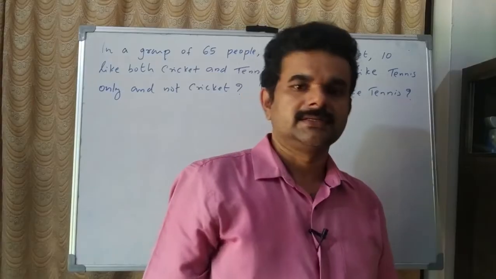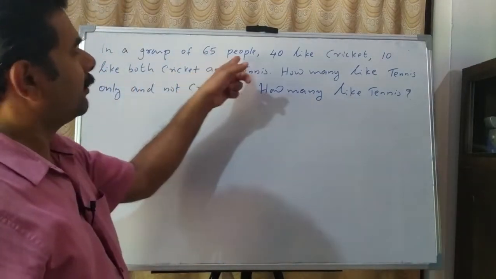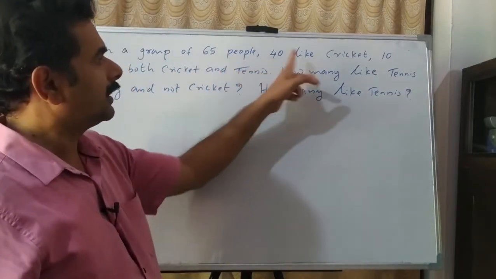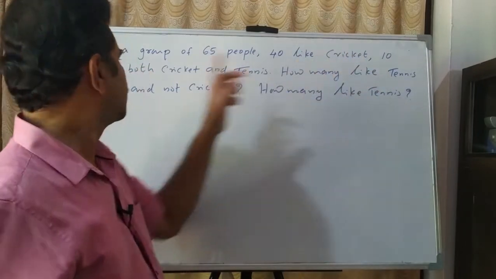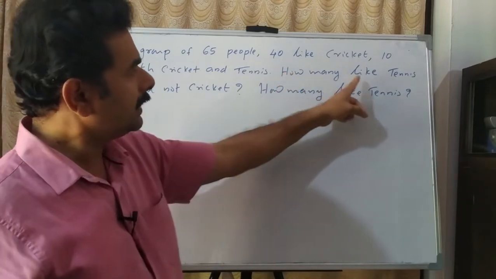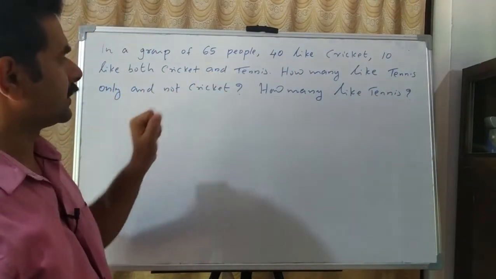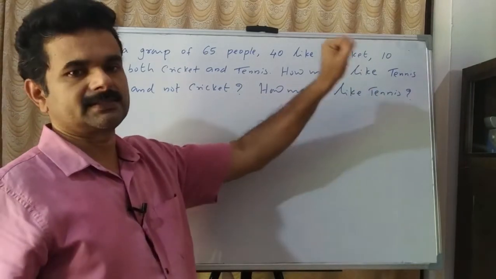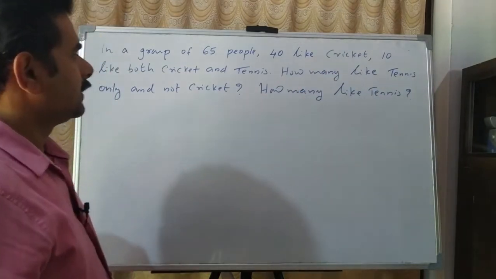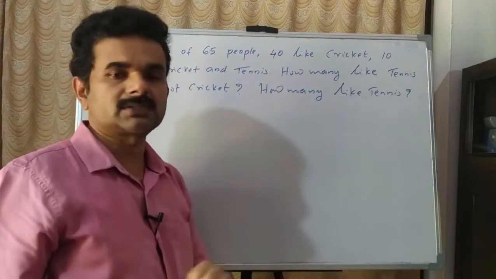Clear? Yes. Another question. In a group of 65 people, 40 like cricket, 10 like both cricket and tennis. How many like tennis only and not cricket? See, here we have to frame two sets.